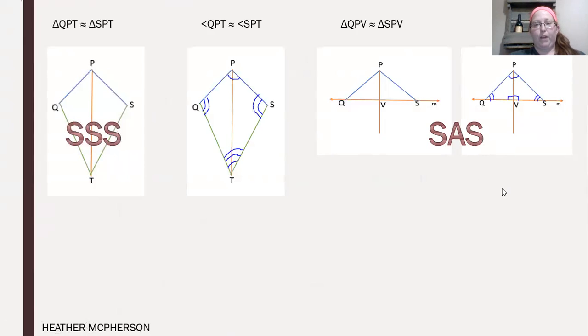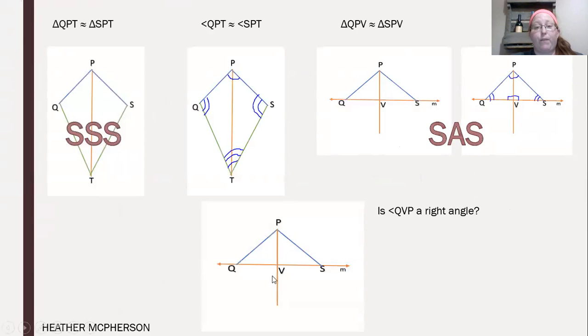Move this back up here. So is angle QVP a right angle? Well, you can look at it and you can definitely tell that it is a right angle. And that's because it has this little box. It makes pretty much a square if you draw it in. So yes, it is a right angle.